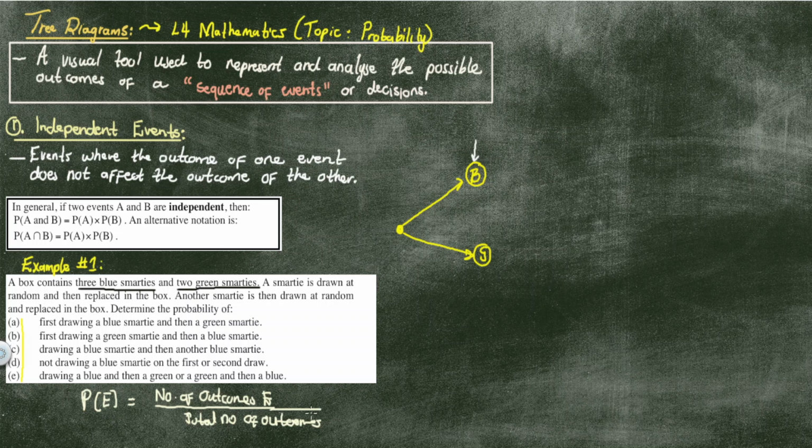So what is the total number of outcomes? It's 3 plus 2, that's 5. So it's over 5. That's the total number of outcomes.